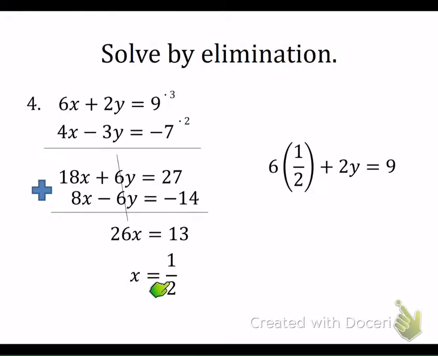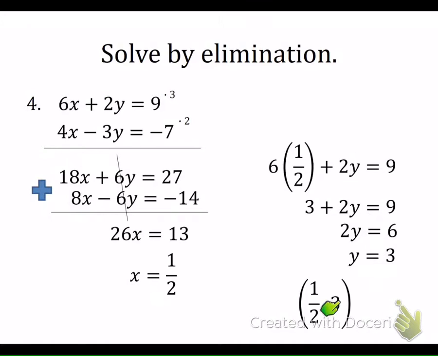So 6 times 1/2 would give me 3. And then subtracting the 3 would give me 6. Divide by 2. Y equals 3. So I think this is my answer.